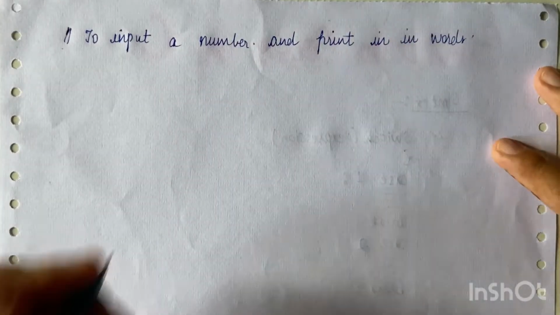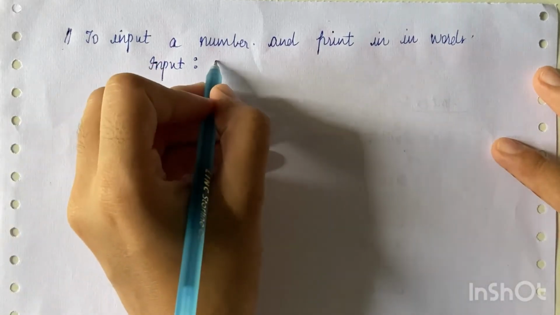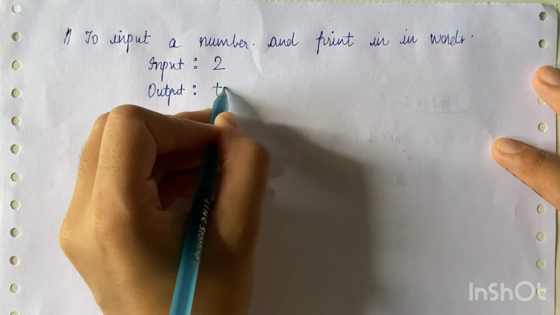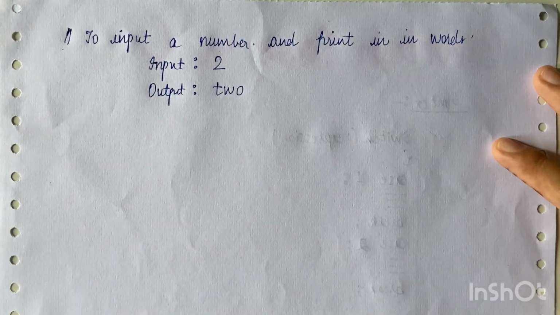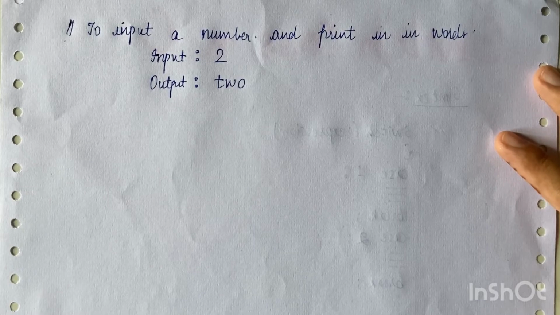So this is the code. So what will be the input? Suppose for an example we are taking the input as 2, so the output will be TWO. So this is the code that we have to implement. We will implement it now using switch case.